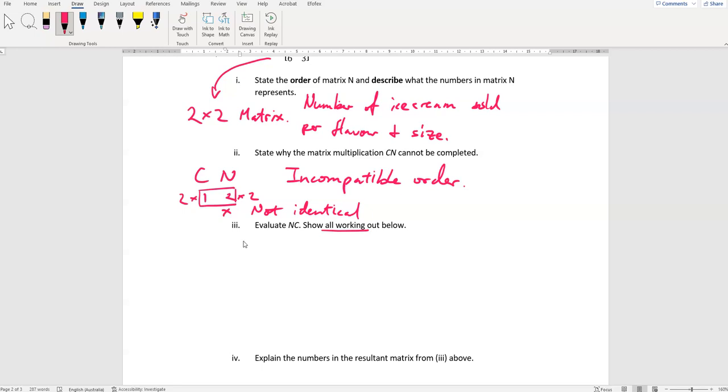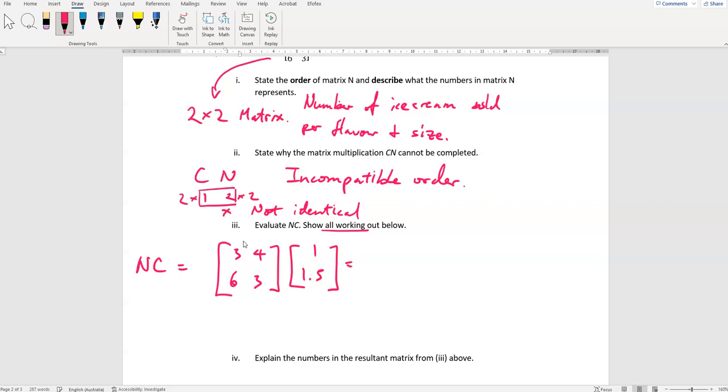So let's actually show, I guess, the working out NC. So what was N again? Let me just have a look at my question here. I've actually written this down before. Right? So N is this fella. So NC is equal to 3, 4. So this is the number of ice cream sold for each flavour and for each size. And then we're going to multiply this with the cost of the ice cream for small and large. Right?